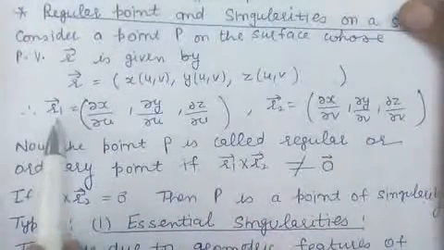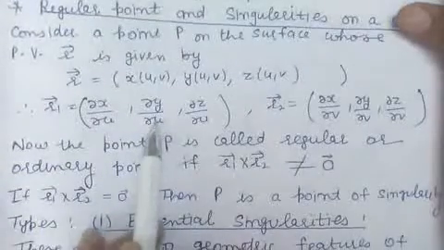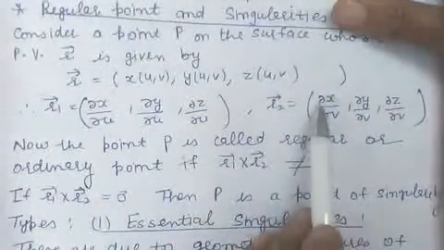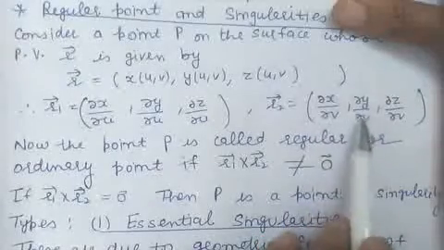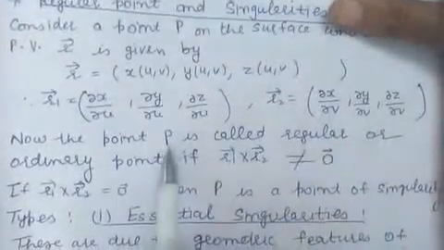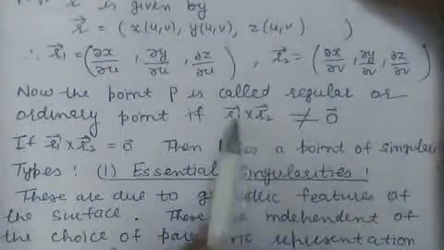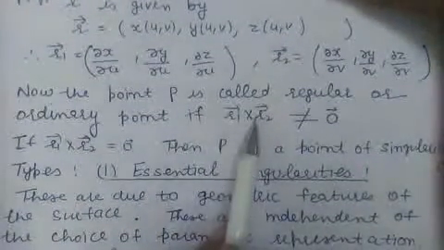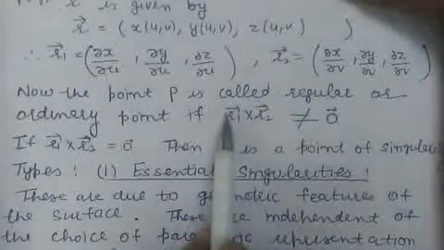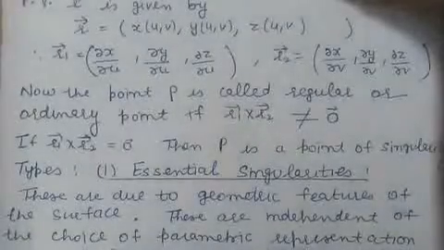Then vector r1 has the components ∂x/∂u, ∂y/∂u, ∂z/∂u, and vector r2 has the components ∂x/∂v, ∂y/∂v, ∂z/∂v. Then we say that the point P is a regular point if the cross product of these two vectors r1 and r2 is not equal to 0. If this product is 0, in that case the point P is called a point of singularity.